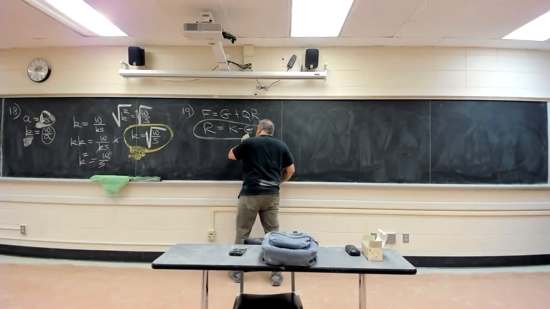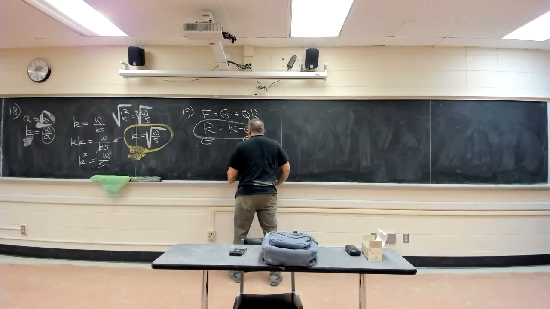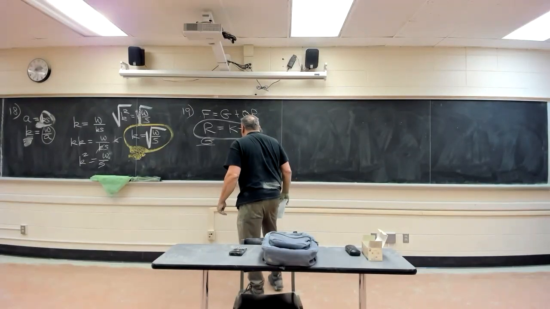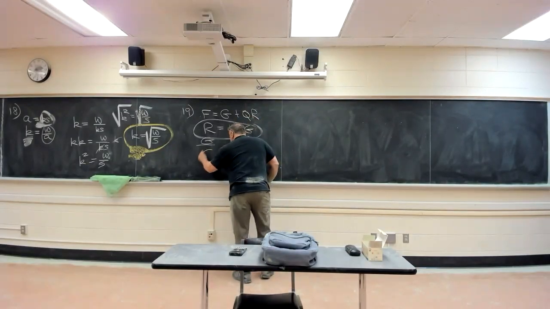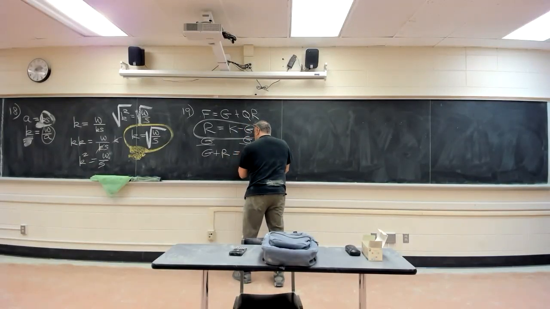Let me add big G on each side, and we end up getting G plus R equals K. Subtract R on each side.